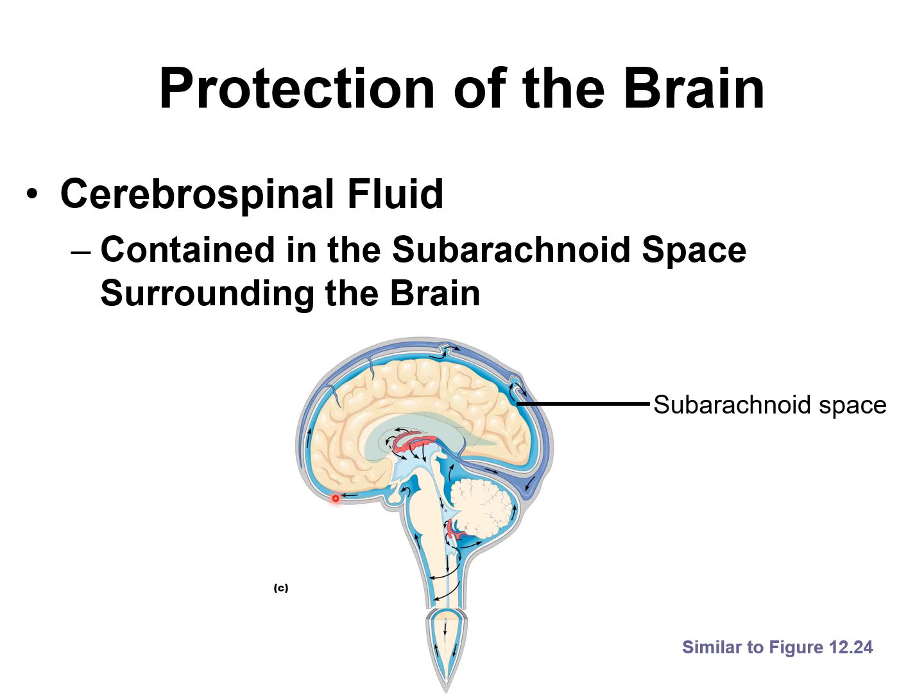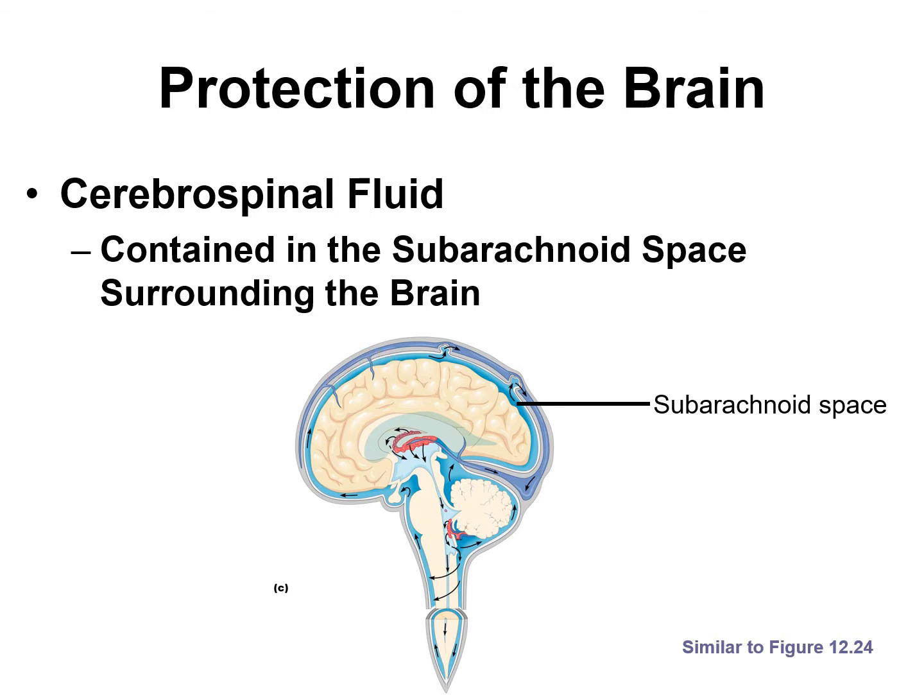The cerebral spinal fluid found here between the brain and the skull also provides additional protection from blunt force trauma. So being hit in the head or falling on your head, some of that energy is going to be absorbed by the cerebral spinal fluid.